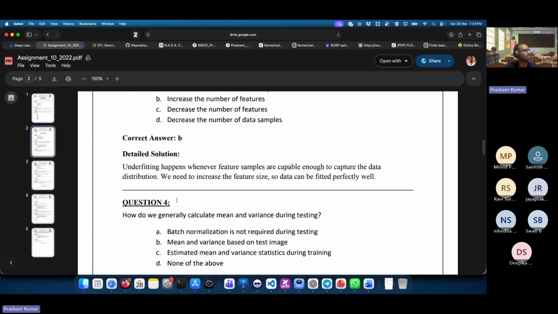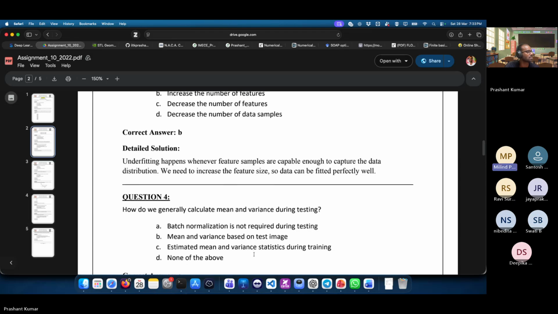How do we generally calculate mean and variance during testing? During testing, it requires the mean and variance based on the test image, or the estimated mean and variance statistics during training. Estimated mean, that means E, or predicted value, y hat.